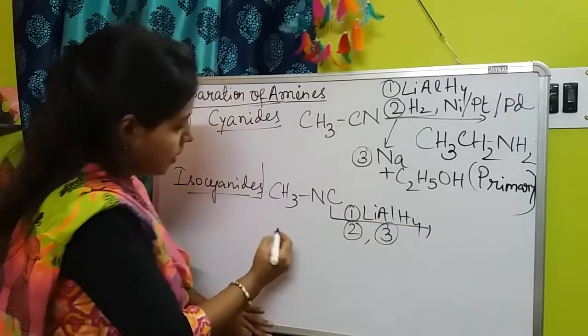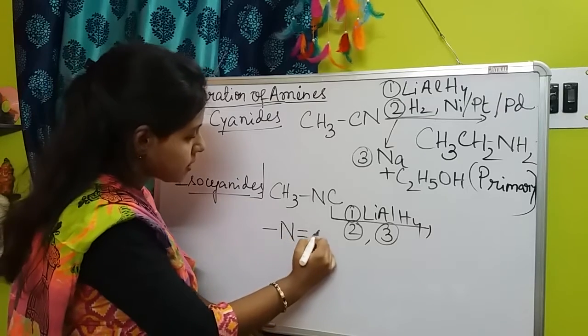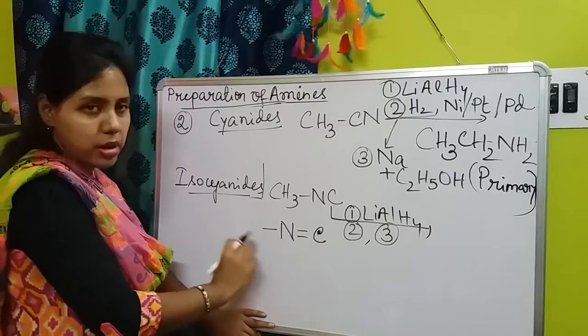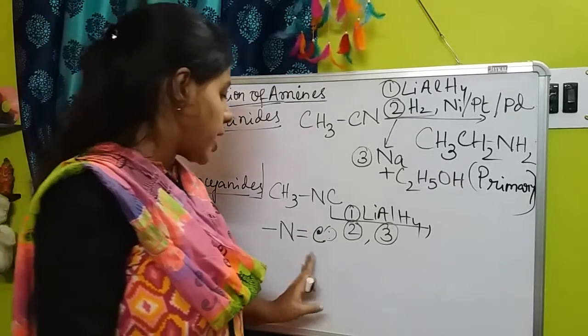Just see here, in isocyanide the bonding looks like this: single bond to nitrogen, double bond to carbon. Then carbon here is in the form of a carbene.